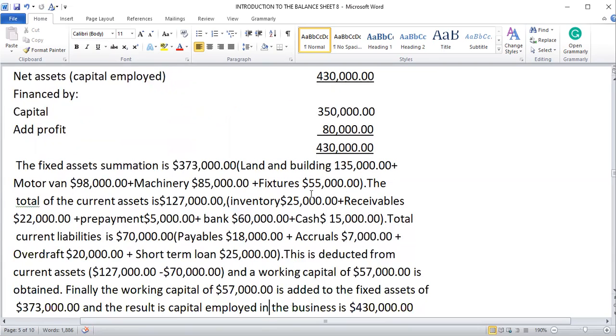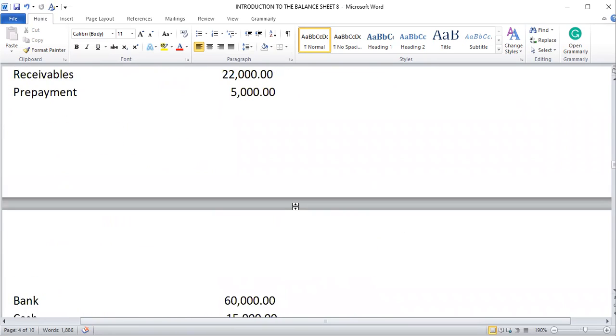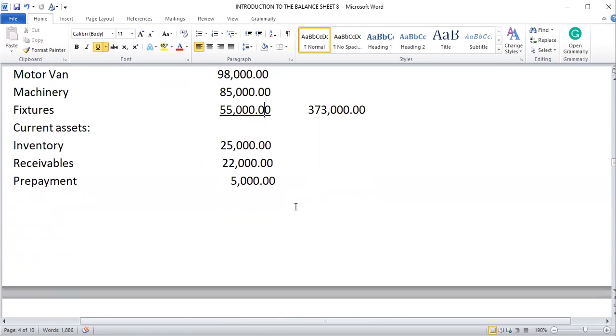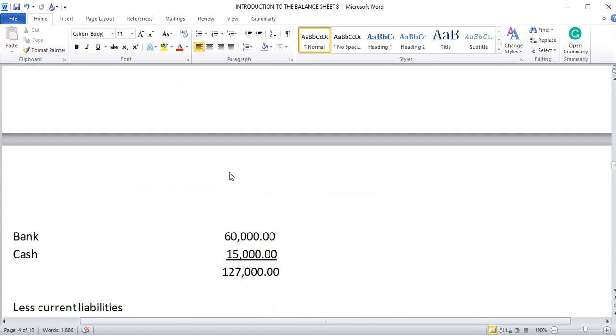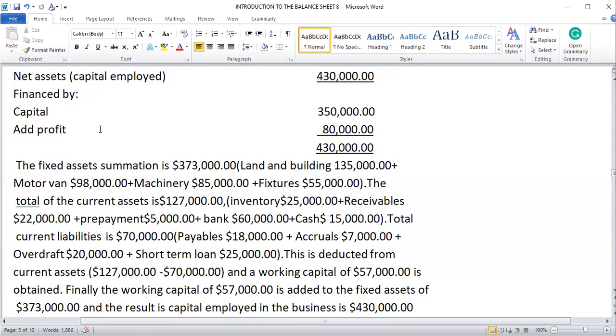Let us go. The total of the current assets is $127,000, comprising of what? Inventory, $25,000. Plus receivables, $22,000. Plus prepayment, $5,000.